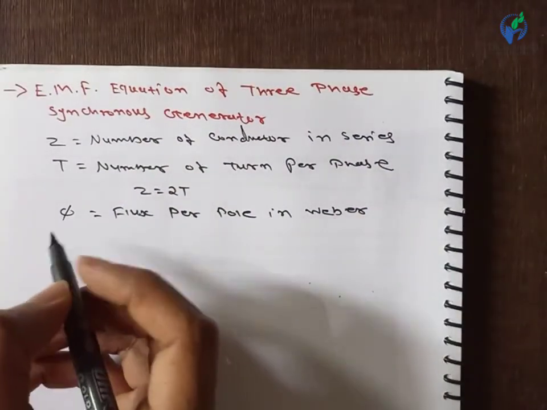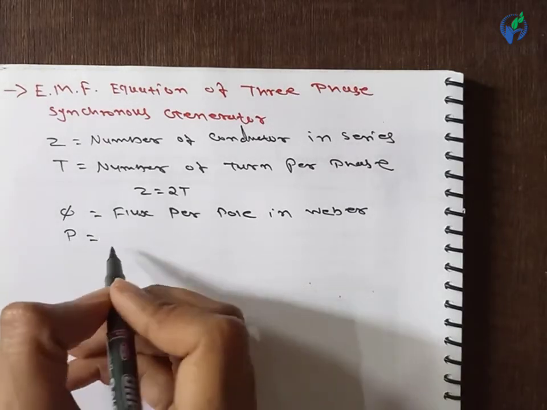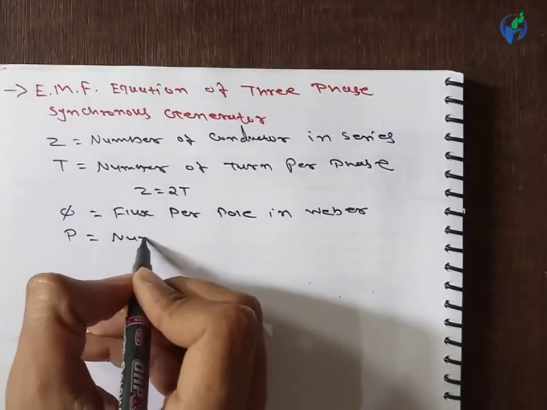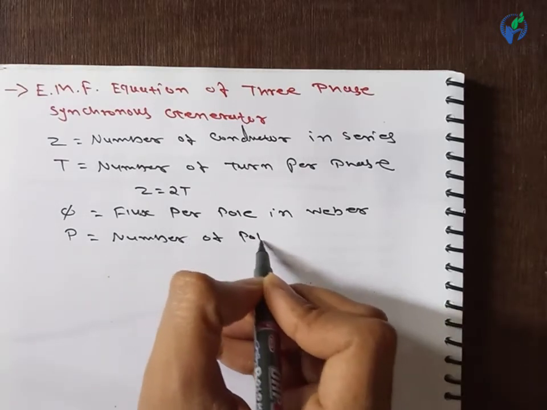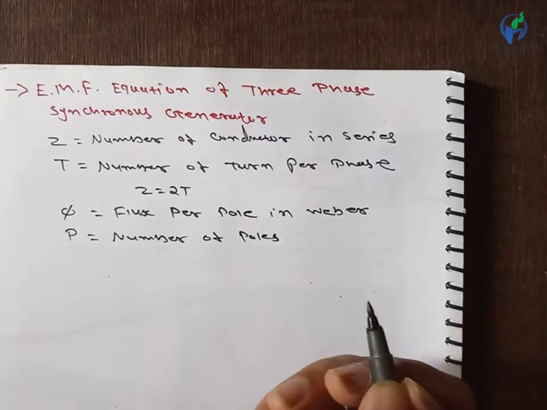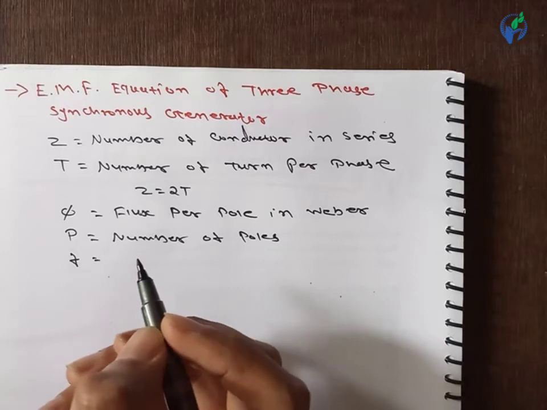The next parameter is P. P is equal to the number of poles. F is equal to the frequency of the induced EMF.